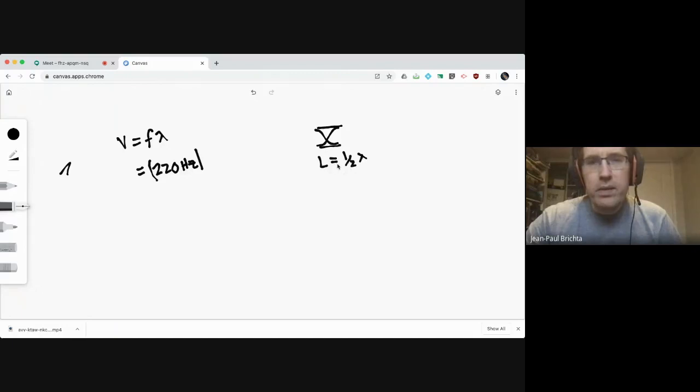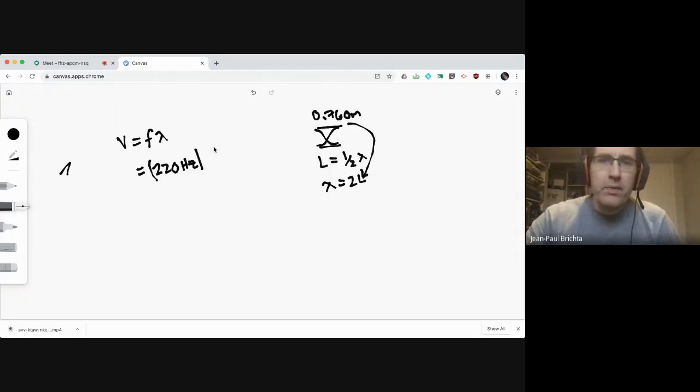Or if I just move this around, or manipulate this, I have that wavelength equals 2L. Okay, and the L was 0.760 meters. So in order to get the wavelength, which I need for this problem, I'm going to take this number and put it into there.